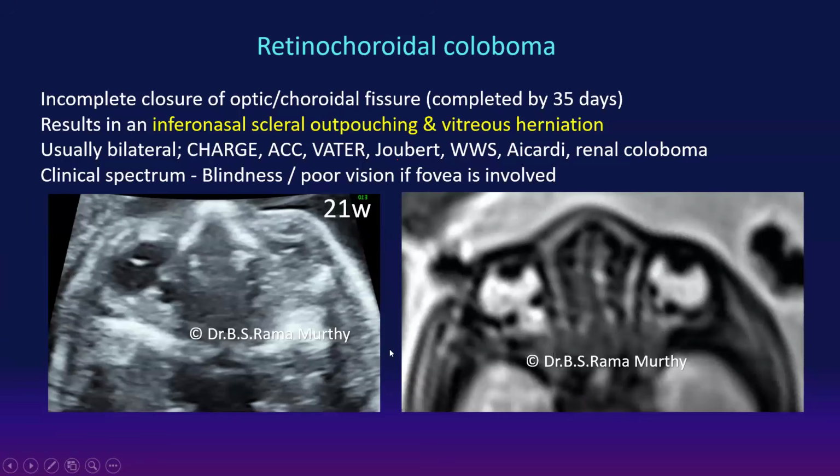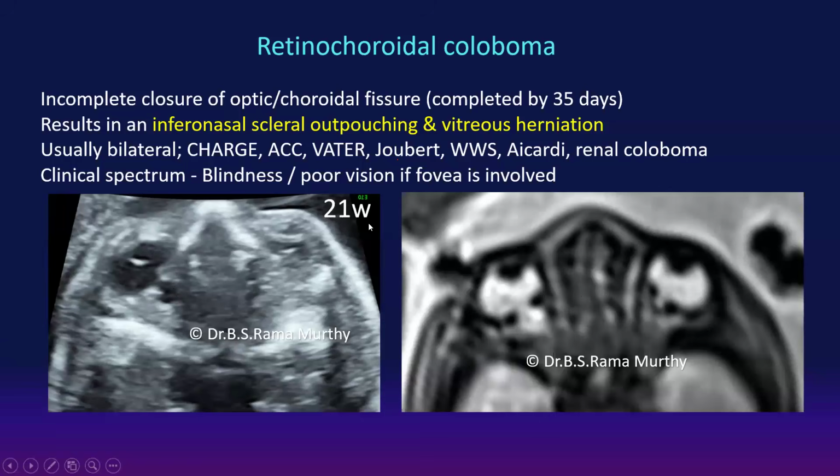So this was a 21 weeks scan where one side we could notice a bulge from the posterior surface, but on MRI it was actually bilateral. This other side, tiny little bulge, was not appreciated on ultrasound, but it was much more clear on MRI. So for certain cases, MRI does add on information, especially with certain tiny defects like this.